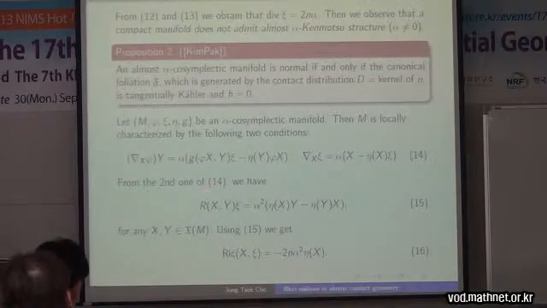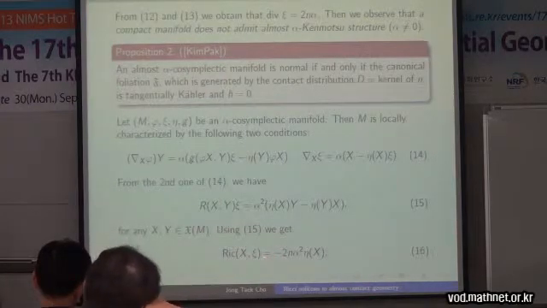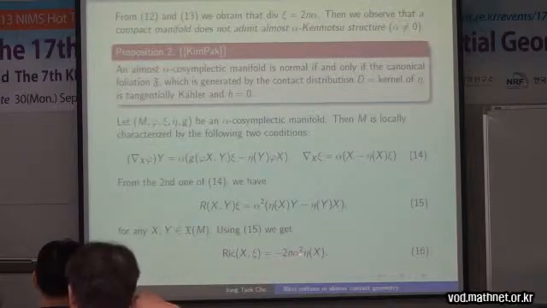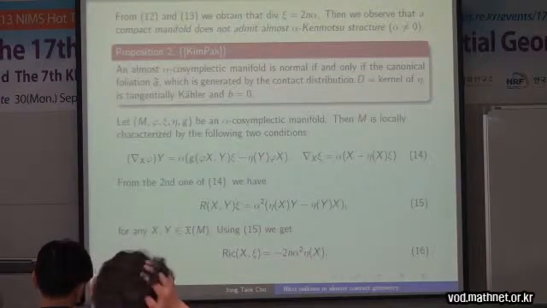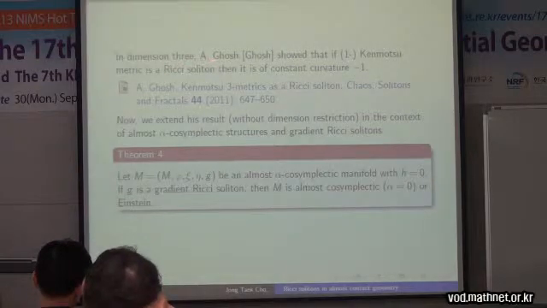From the second one of 14, we have this curvature condition, and we have Ricci curvature like Ricci ξ is minus 2nα squared times η(X). In dimension 3, Ghosh showed that if a Kenmotsu metric is a Ricci soliton, then it is of constant curvature.